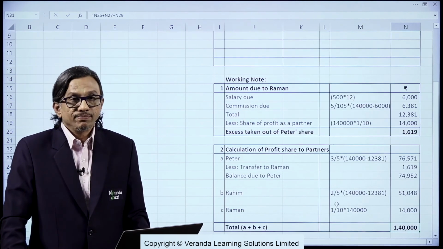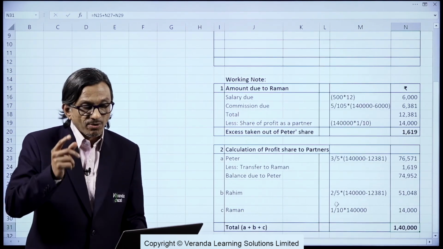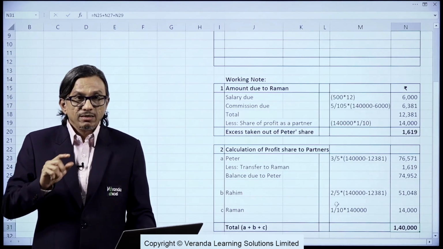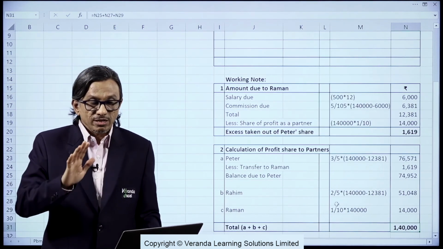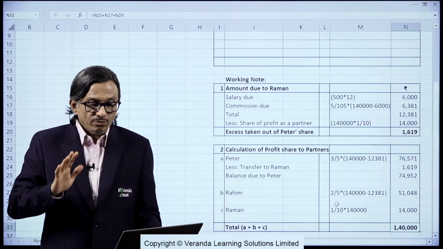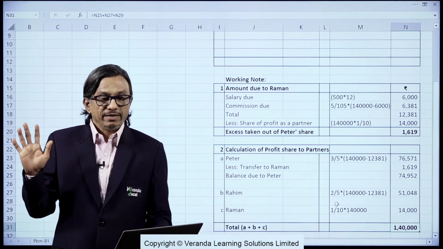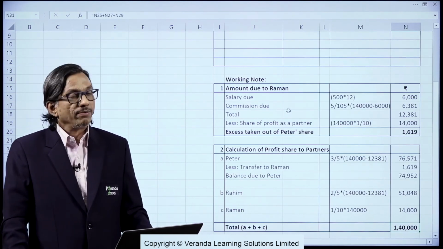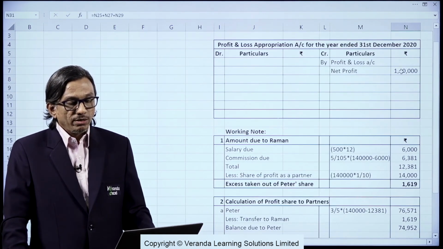Now we are clear what is the amount payable to Raman as an employee, what is the amount he will get as a partner, and the excess taken from Peter. We have calculated what is the amount payable to Peter, Rahim, and Raman. Everything is clear. We have to show this in the profit and loss appropriation account. See, already we have shown the total profit.